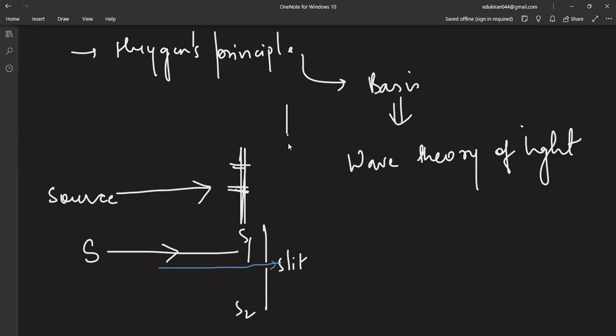So if this is one slit, this appears because we have two slits. That's why we say it's a double slit experiment. Source can be one, source can be two. Usually we have one source, but slit means this passage through which the light will go. Slit is never a source.